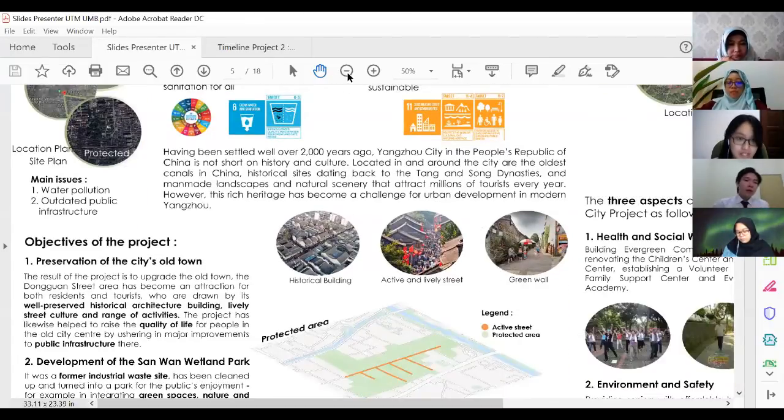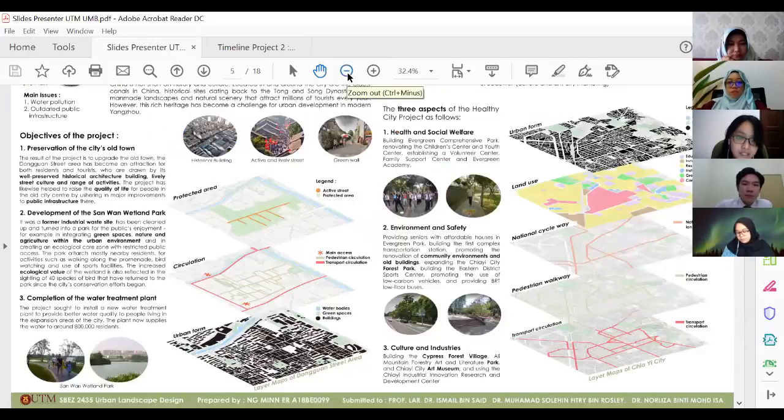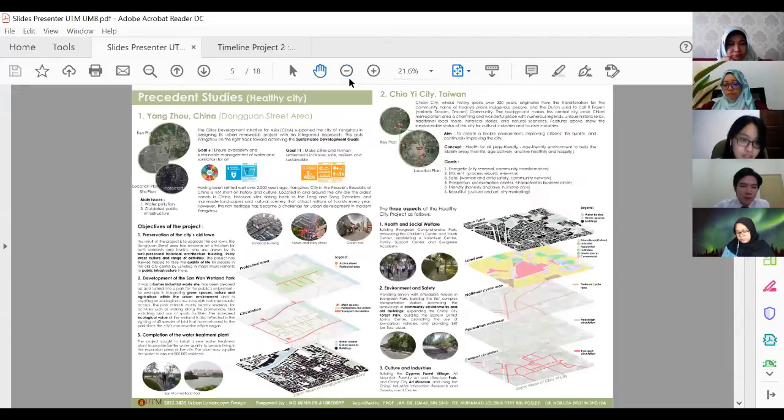For example, in Yangzhou, China, the objective of the project is the preservation of the city old town. My site area, Pontian Besar, also has some historical architecture buildings that we should preserve and conserve.